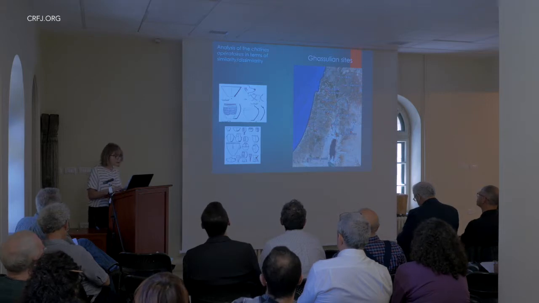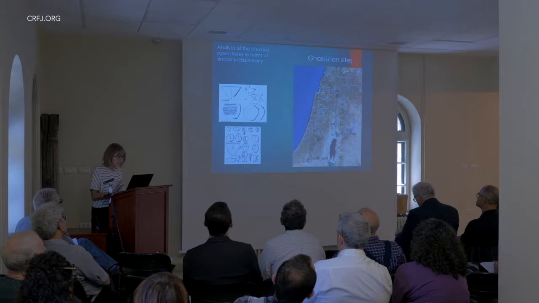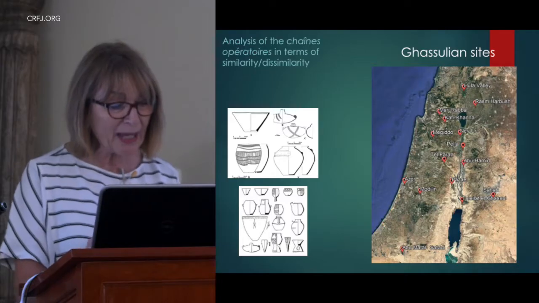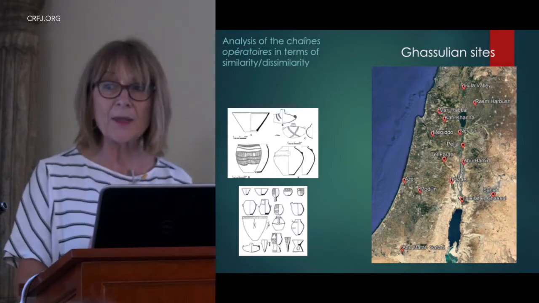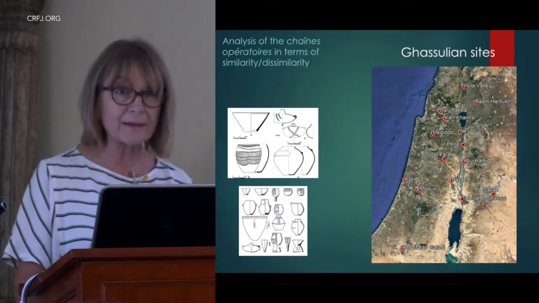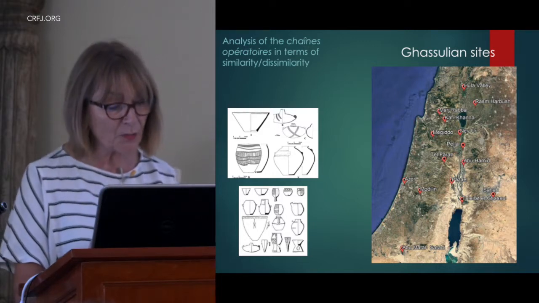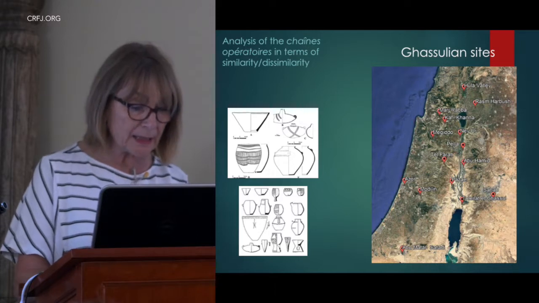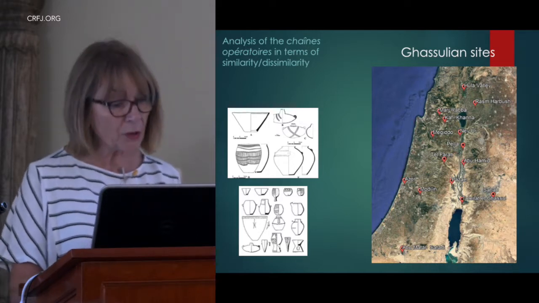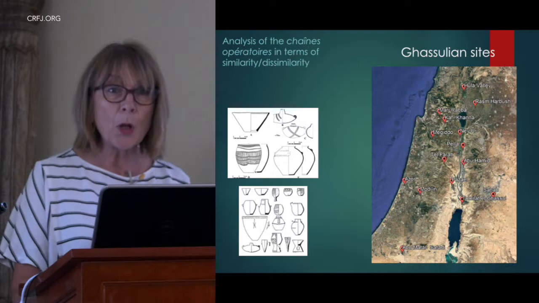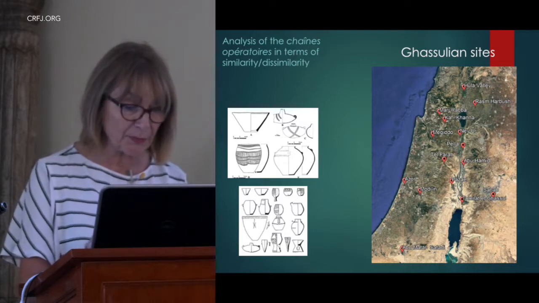So in order first to understand the Rasulian network structure, the chaîne opératoire carried out for making the mundane ceramic vessels has been analyzed in terms of similarity and dissimilarity on more than a dozen assemblages, all belonging to the Rasulian periods.